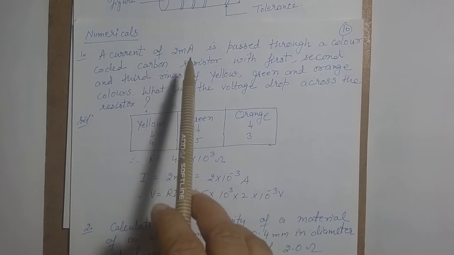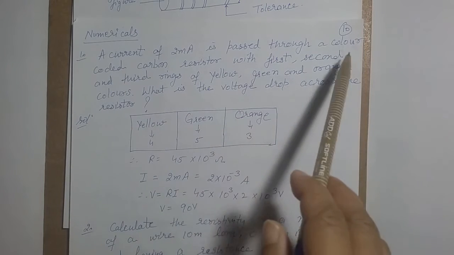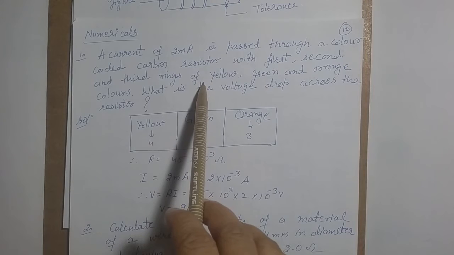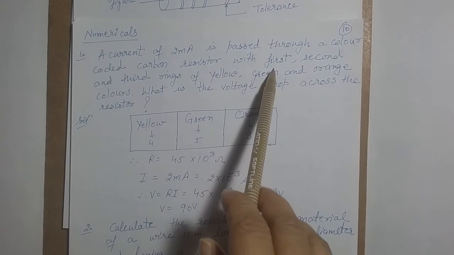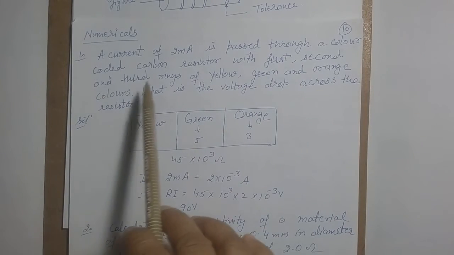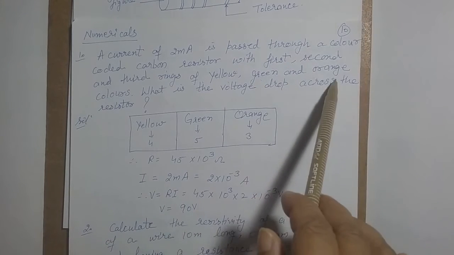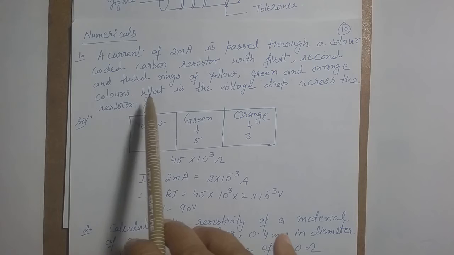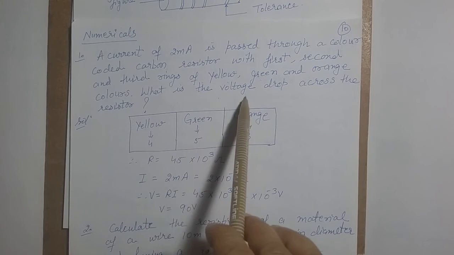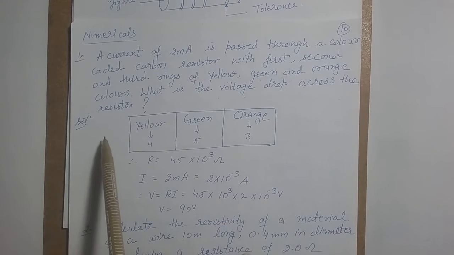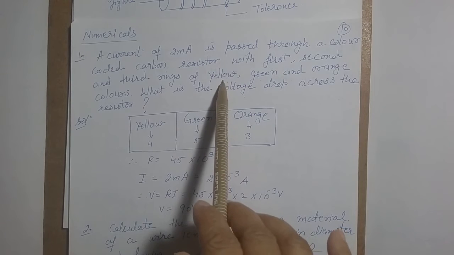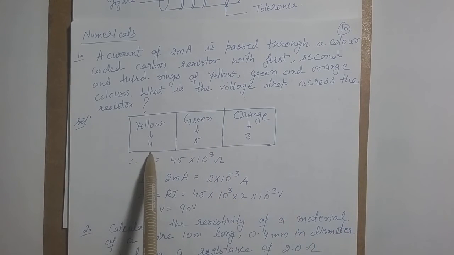For the next kind of problem, let us take an example: a current of 2 milliampere is passed through a color coded carbon resistor with first, second and third rings of yellow, green and orange respectively. What is the voltage drop across the resistor? Here the first one is yellow, the number is 4.